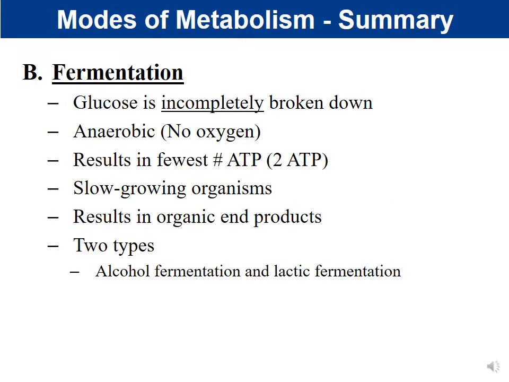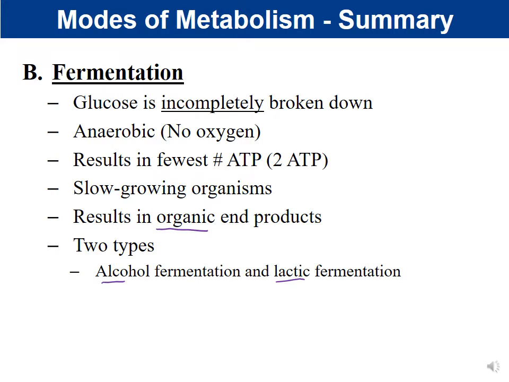So next we have fermentation. And again, in fermentation, glucose is incompletely broken down. It is not broken down completely. It results in organic end products, right? We still end up with organic products. And so our organic products can either be alcohol or lactic acid.